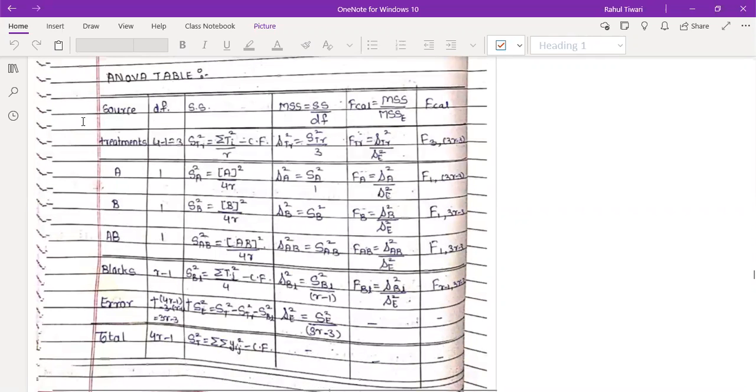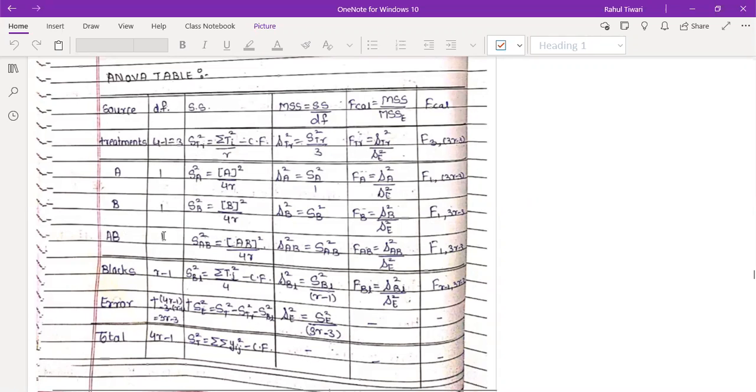You can just look at this ANOVA. This is a little bit of a different way of writing. Just leave this part aside. We have main effect A, main effect B, and interaction effect AB. These three will always be there because of your testing. Then you have a total, and then you have an error. As I said, total means we have 4R minus 1 observations, and every effect has 1 degree of freedom.